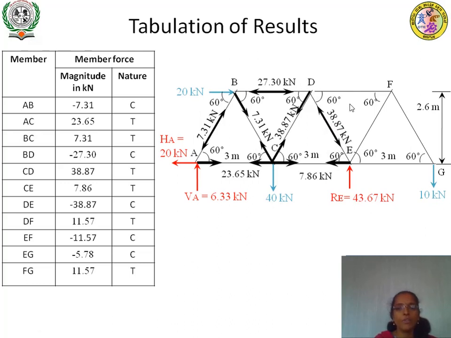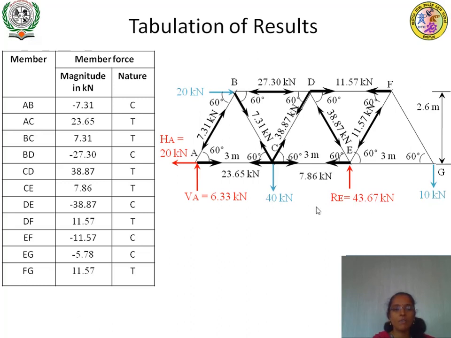38.87. DF tensile force of 11.57, tensile means arrow mark should be away from the joint, 11.57. EF minus 11.57, minus means compressive, arrow mark should be towards the joint, 11.57.